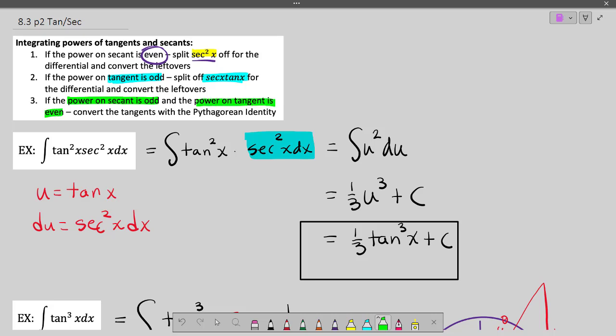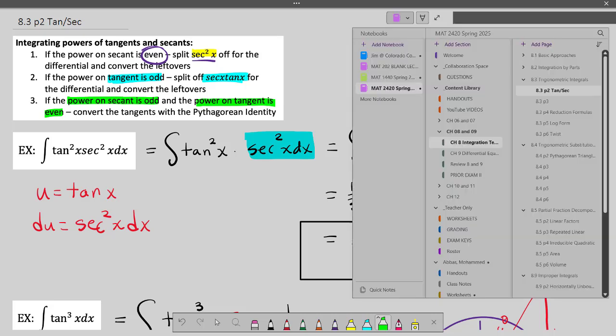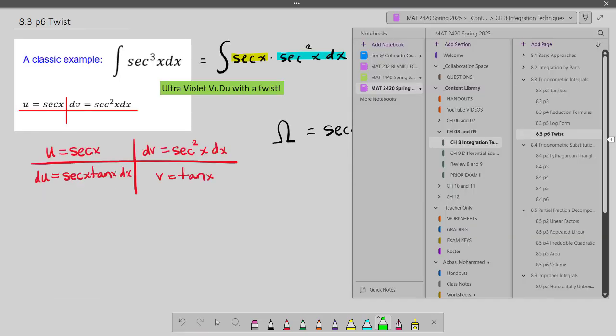So if neither of those two cases work, convert the tangents, because the tangents now have an even power, and if the tangents have an even power, you can convert with the Pythagorean theorem. So that's going to be the strategy that will work in this case.